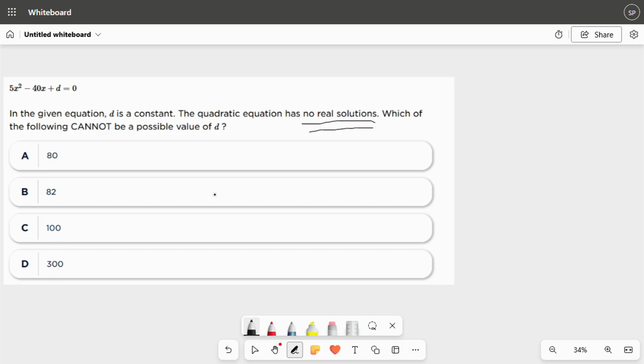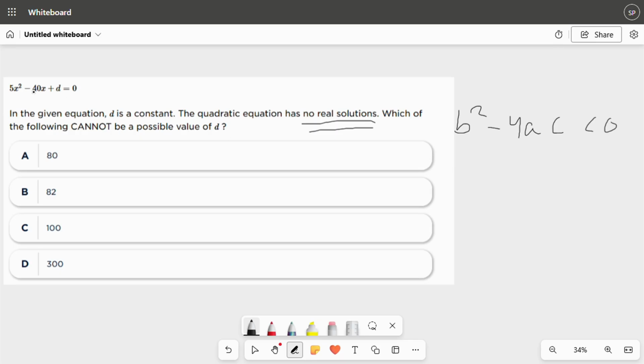So we know that the discriminant must be negative since the equation has no real solutions. And it'd be calculated as b squared minus 4ac is less than 0 because it would be negative. So let's solve that.